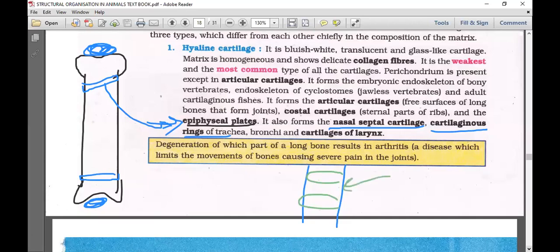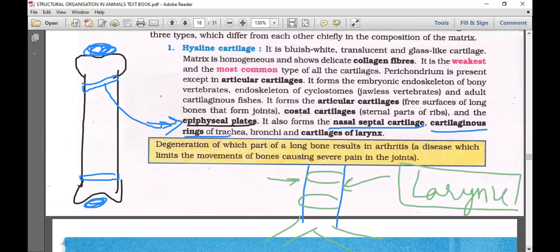They prevent the collapse of the trachea. Then the bronchi, the branches of the trachea, and the cartilages of the larynx. The larynx is a voice box actually, and it is also made up of hyaline cartilage. There are many cartilages like thyroid, cricoid, arytenoid, santorini. Simply remember the cartilages of the larynx.